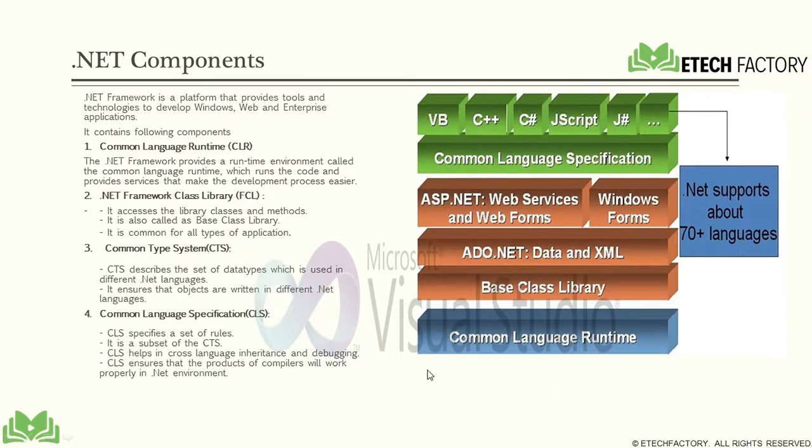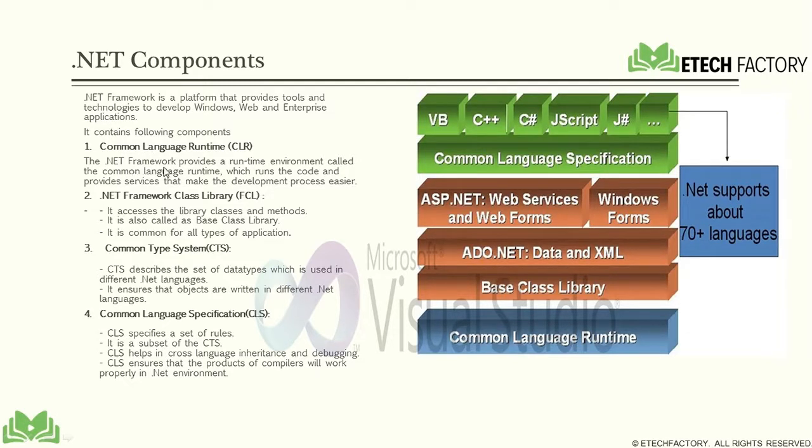This diagram shows what components are available in the .NET framework. The .NET framework is a platform that provides tools and technologies to develop Windows, web and enterprise applications. It contains the following components. The first one is the Common Language Runtime, that is the CLR.